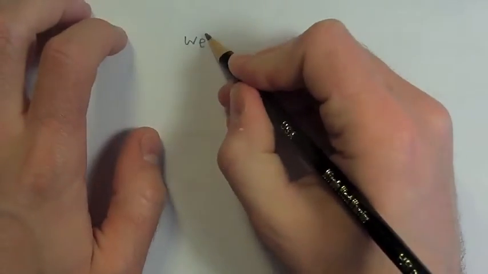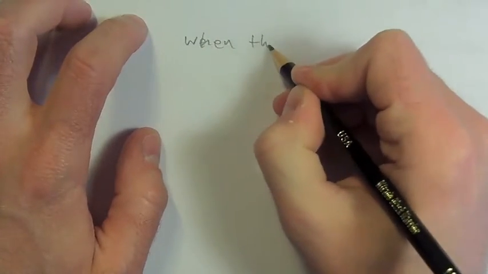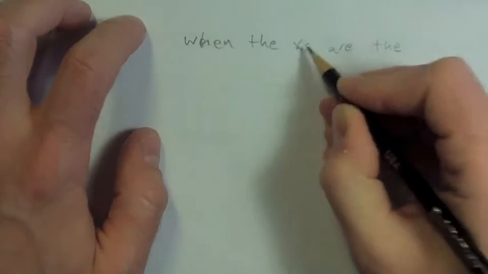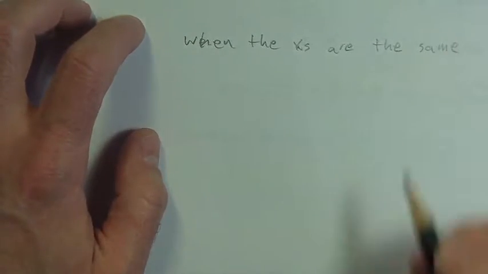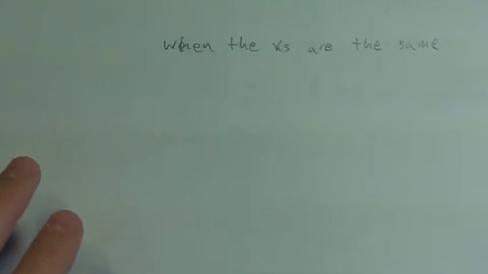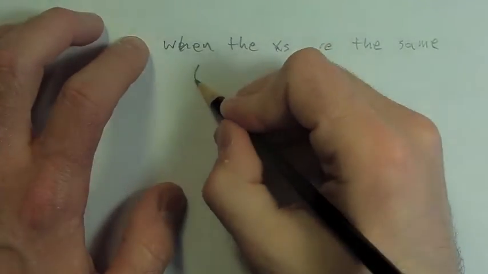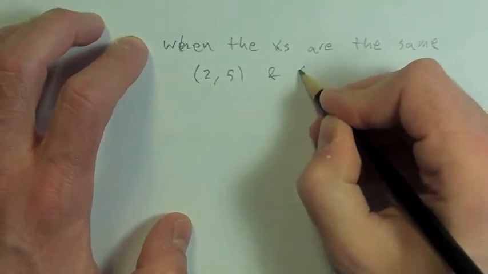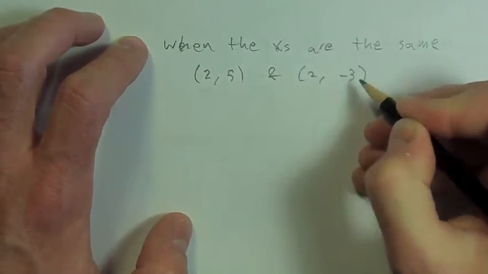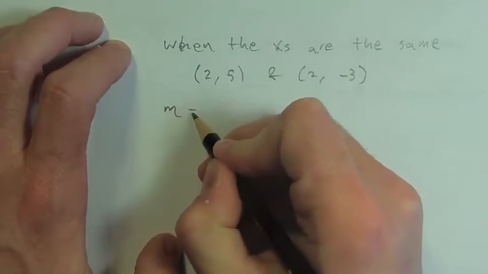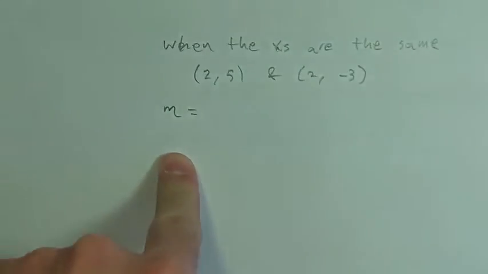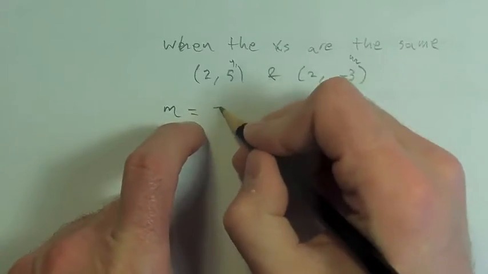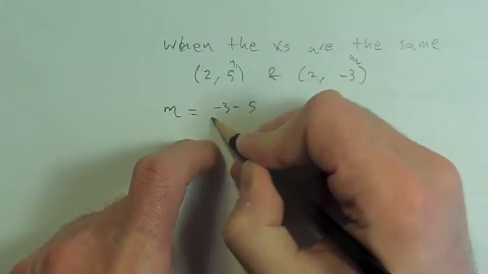So let's say when the x's are the same, let's say we're going between the point 2, 5 and 2, negative 3. When you go to find the slope here, do your y2 minus your y1, so that would be negative 3 minus 5.